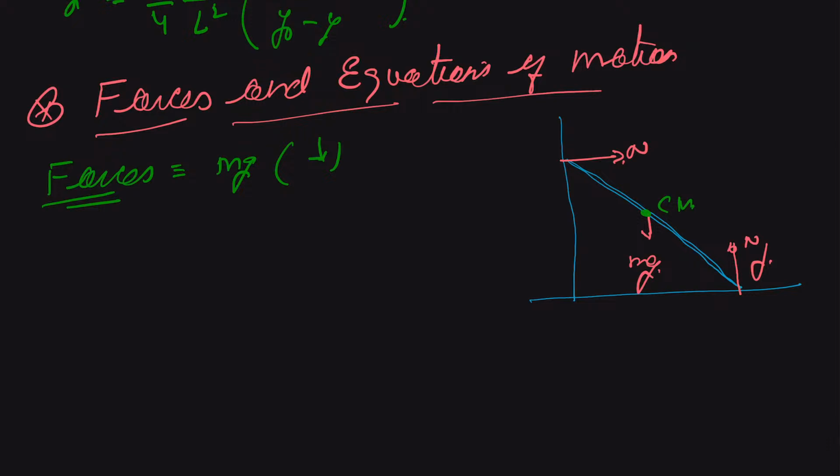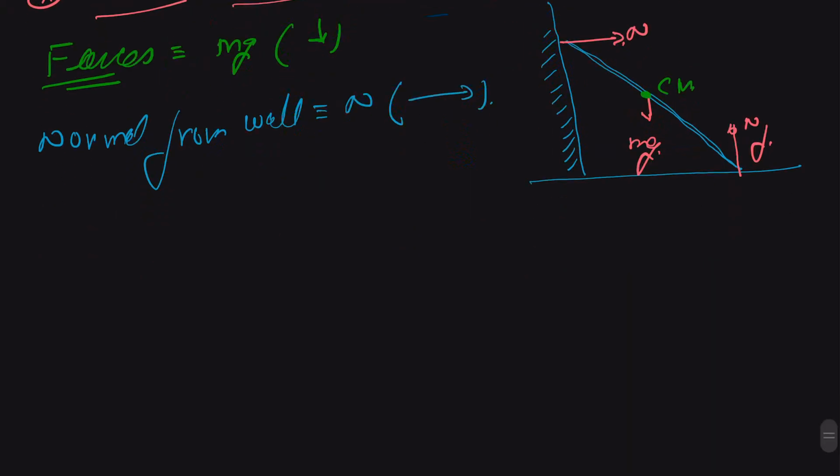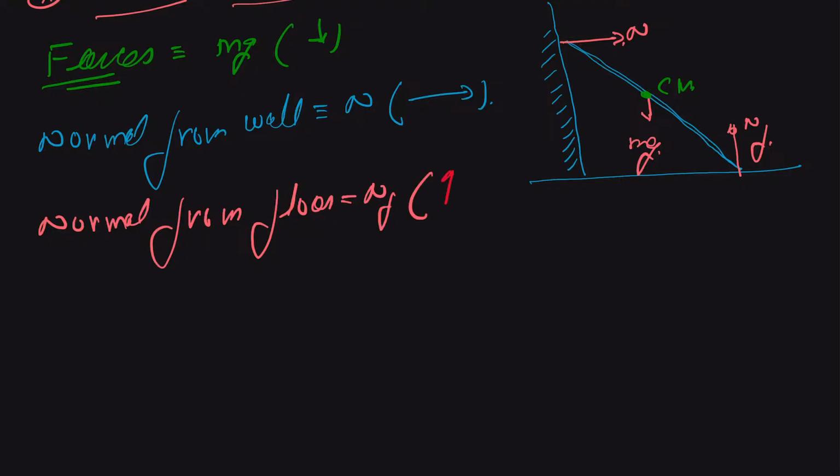Then we are going to have a normal from the wall, which is N, and that is toward the right, and we have the normal because of the floor, that is NF, and it will be in the upward direction.